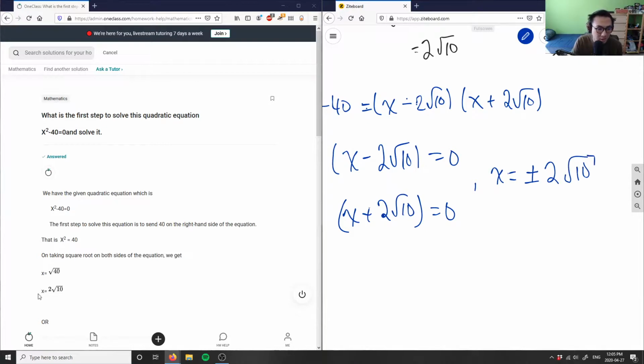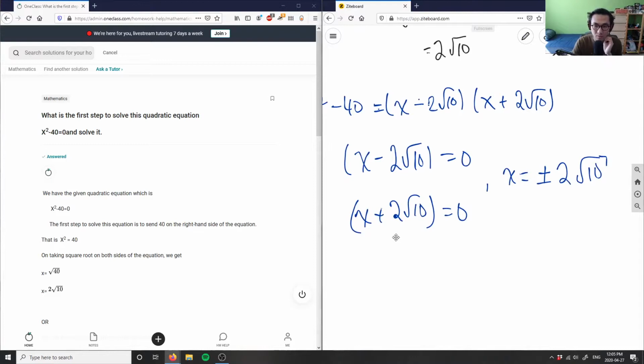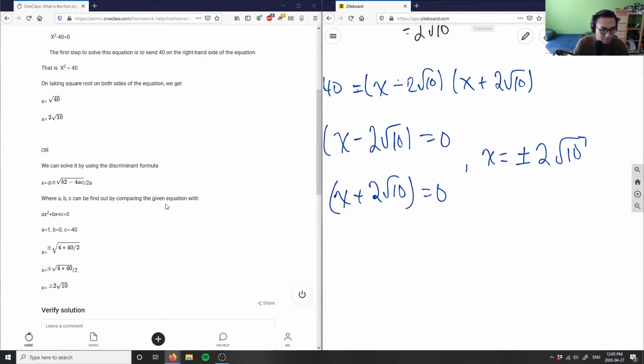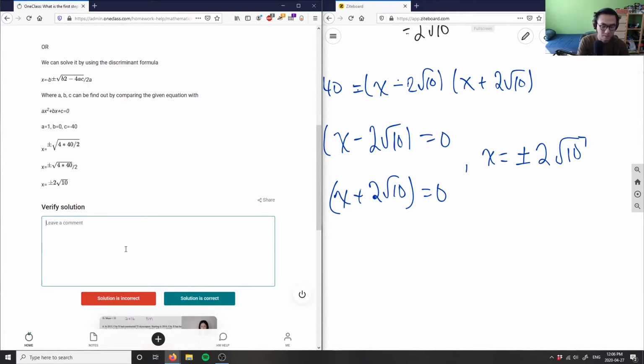As you can see, they also got x equals 2 root 10, but they only did one of these, the positive one, and they're missing the negative 2 root 10. When you factor this out, you get two roots: this one positive, and this one negative 2 root 10. But in this case, they used the quadratic formula and wrote plus or minus 2 root 10.